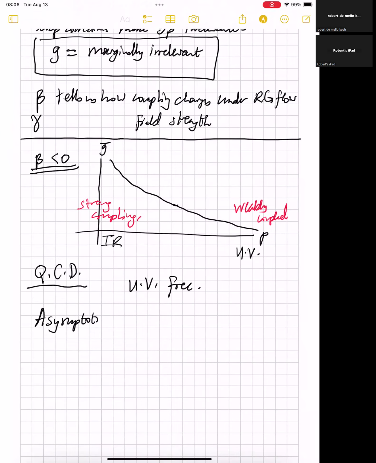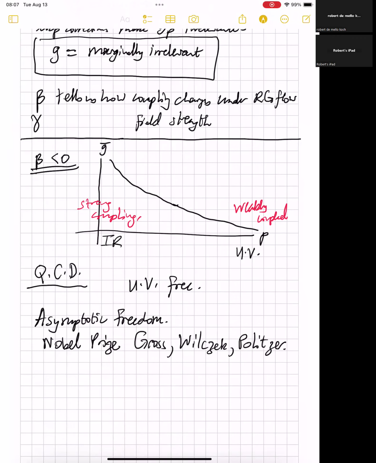It only happens when you really get up there to very high energies, and it sets in very slowly, logarithmically. And this won a Nobel Prize, okay? The recipients of the Nobel Prize were Gross, Wilczek, and Politzer.